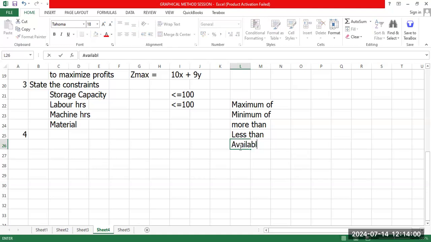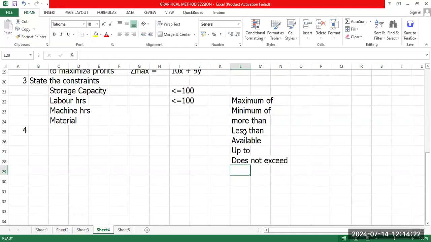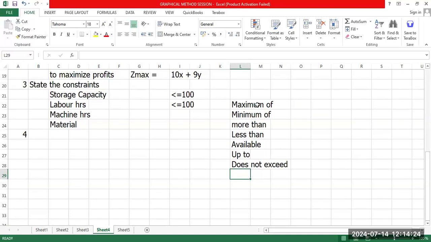Available, then up to, does not exceed, those are some of the words you may be interested in the question. If they say maximum of, who can suggest which inequality can you use here?